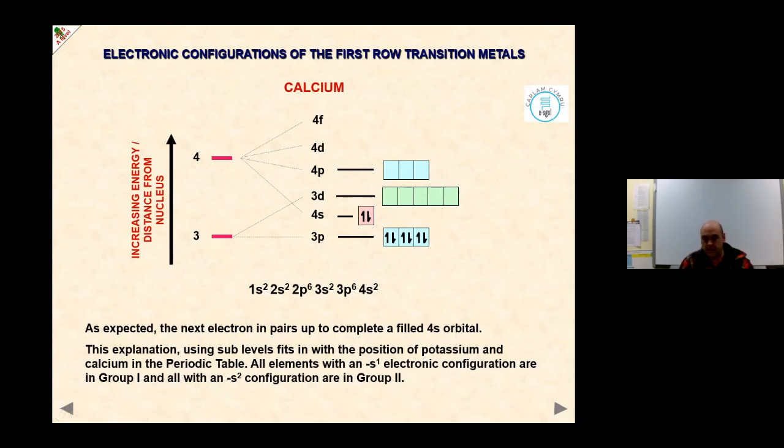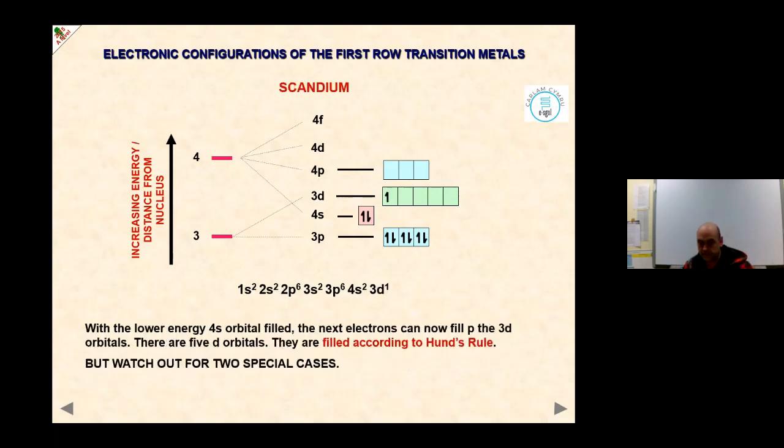All right. Now our next electron, we're going to go into our scandium, and we can see scandium, which has got its 21 electrons. We can see that this electron now enters the 3d orbital. So it's this kind of awkwardness really with the orbitals, and I'm not going to spend too long on this.